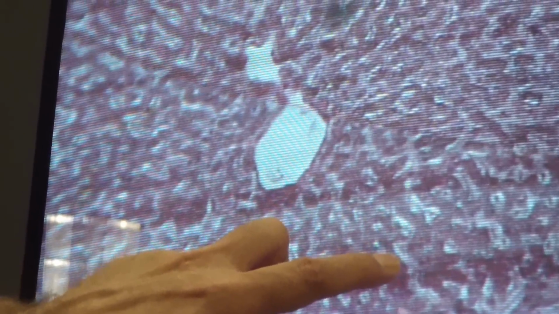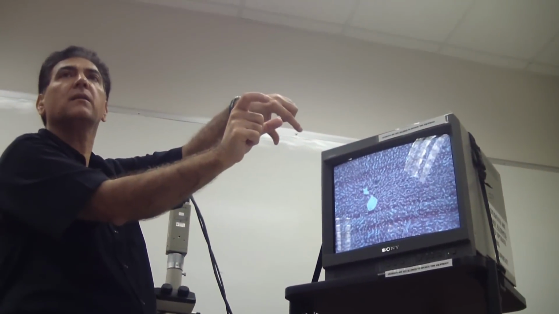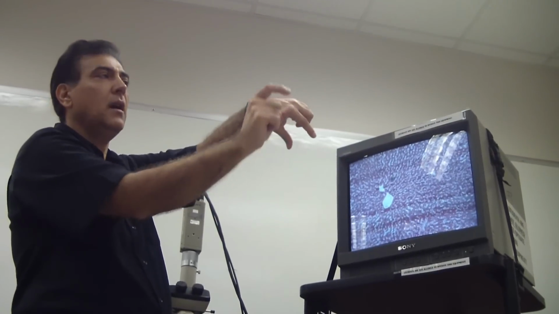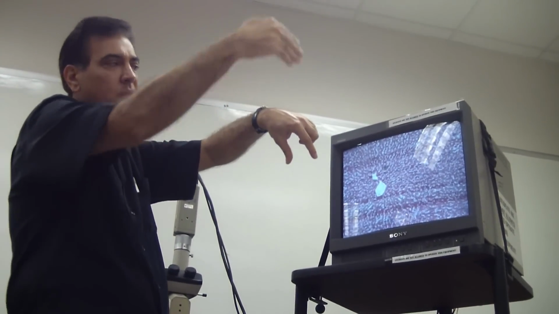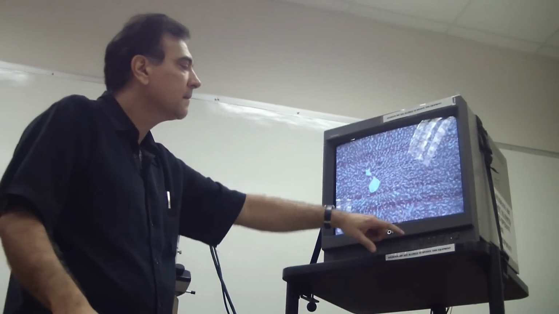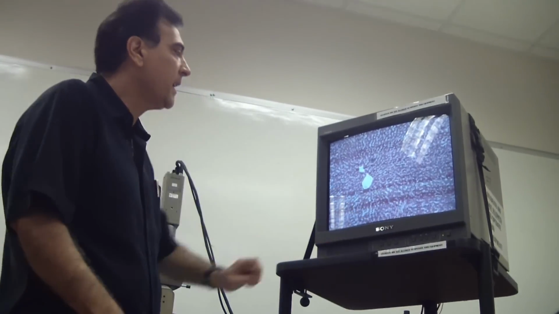The wall of the sinusoid is made up of these what? Hepatocytes. And these hepatocytes are simple cuboidal cells. Simple what? Cuboidal. So you have these passageways which are really created by the hepatocytes. In the wall, you have these simple cuboidal cells called hepatocytes, and the passageway is called sinusoid.